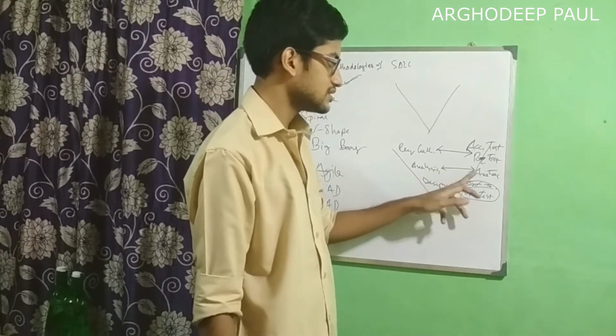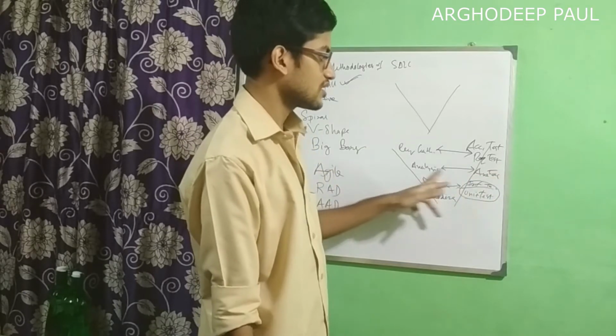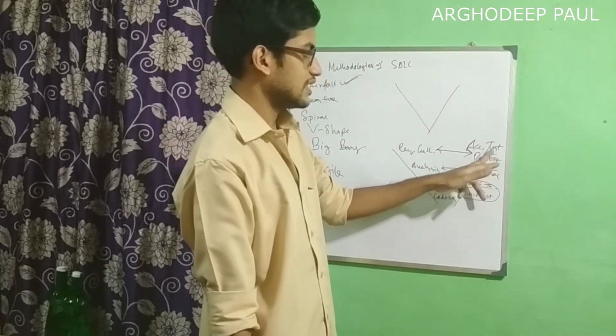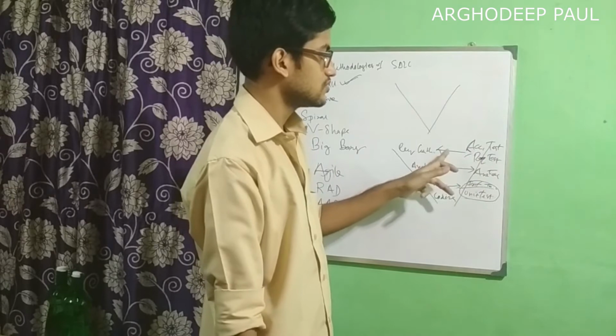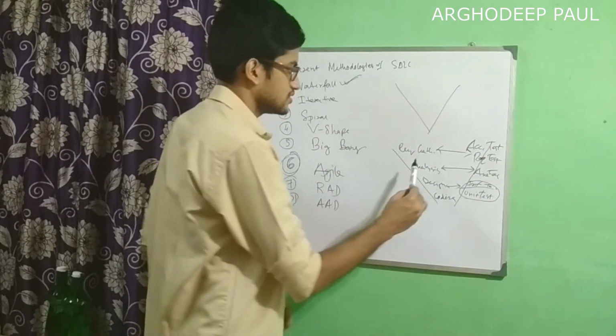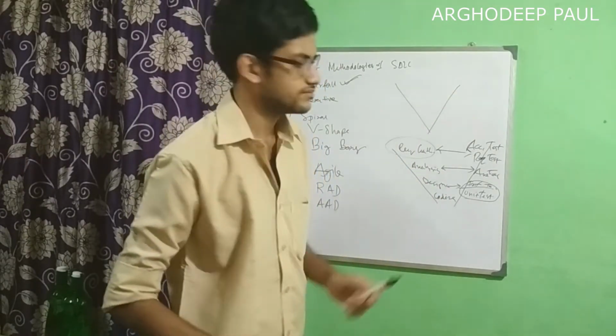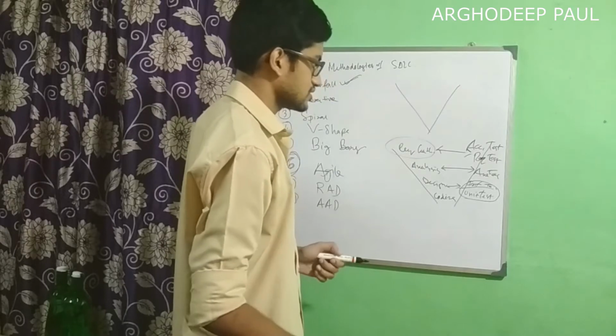Similarly for analysis, if there is anything wrong in this test, they would directly contact the analysis team. Acceptance test, they would also contact the requirement team. It means the business analyst team, whoever performed the requirement gathering earlier.